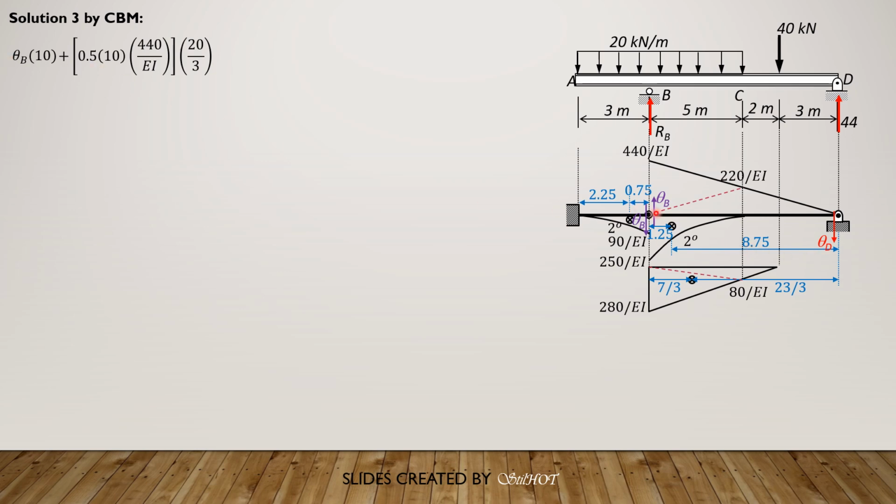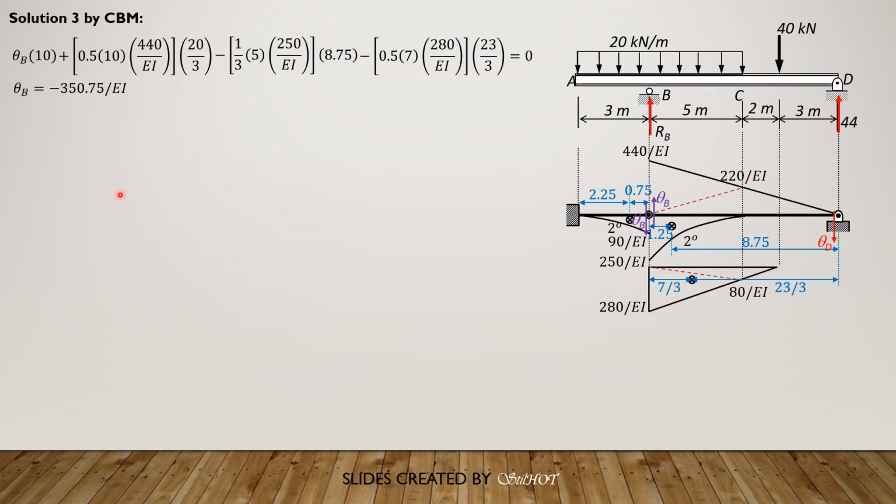So we have theta B times 10 plus 0.5 times 10 times 440 over EI times 20 over 3, then minus 1/3 of 5 times 250 over EI, then times 8.75, then minus 0.5 of 7 times 280 over EI times 23 over 3, then equals 0. Solving for theta B is negative 350.75 over EI.